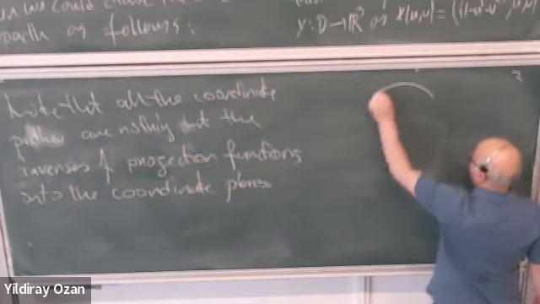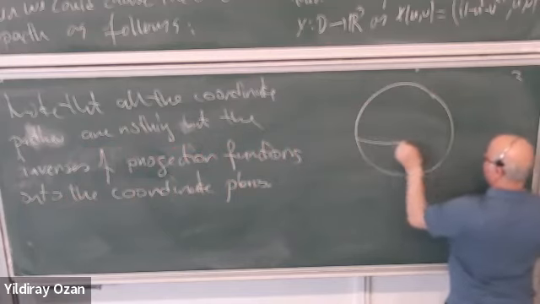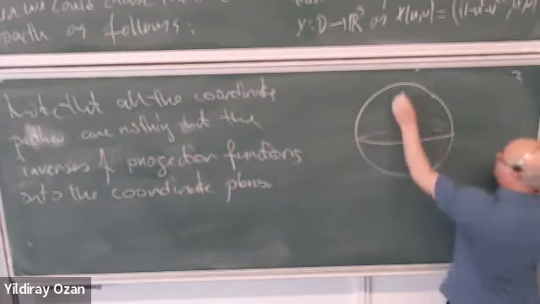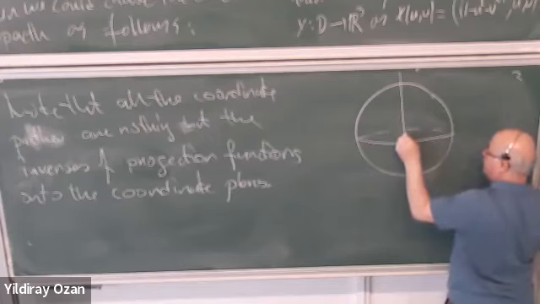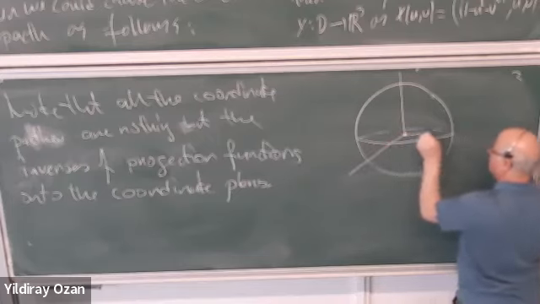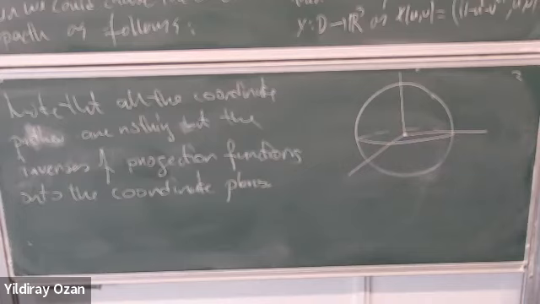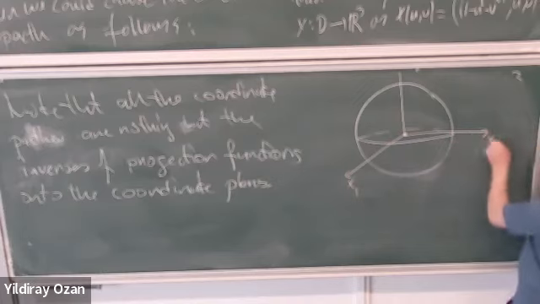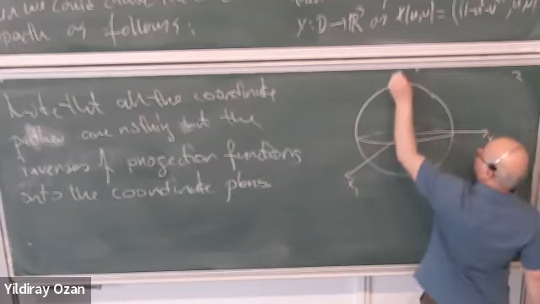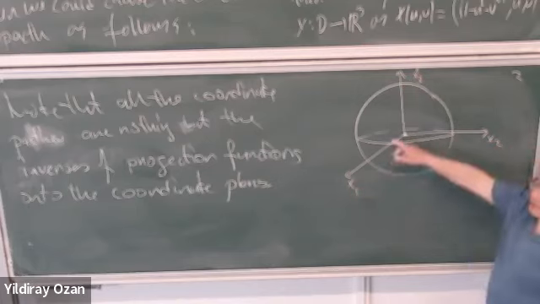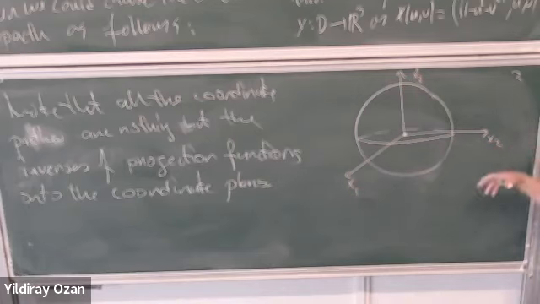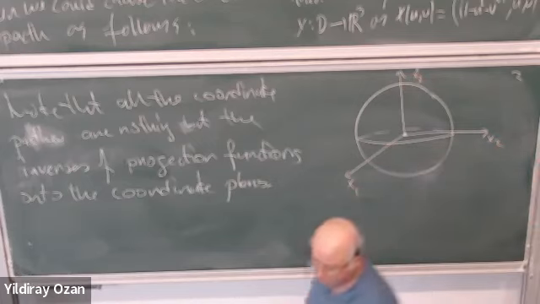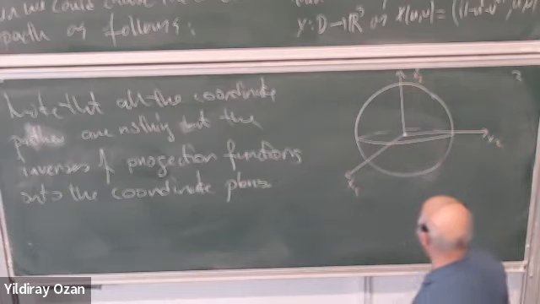Namely, you see, here is my sphere, okay? There are 3 axes like this and 3 coordinate planes, right? The X1, X2 plane, the X2, X3 plane, and the X1, X3 plane. And all these coordinate patches are just inverses of the projection functions.